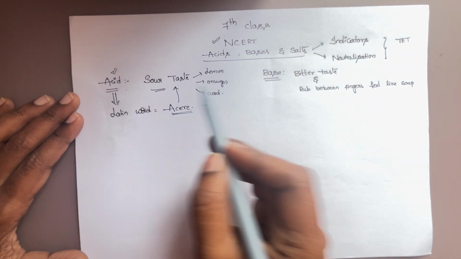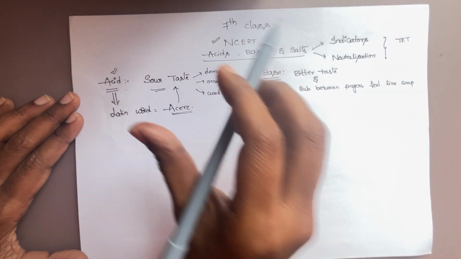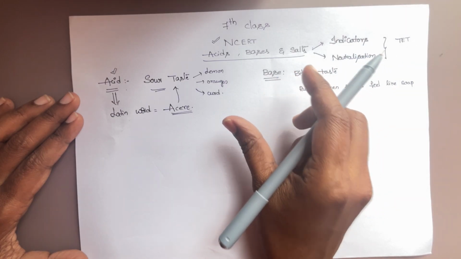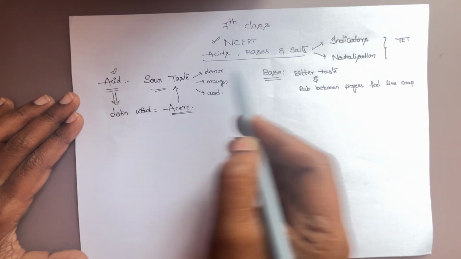So how do we identify whether a given substance is an acid or a base? Say, for example, I have given an unknown substance to you. How do you identify whether it is an acid or a base?